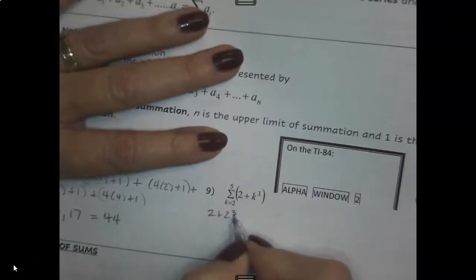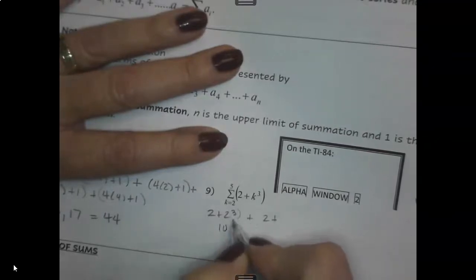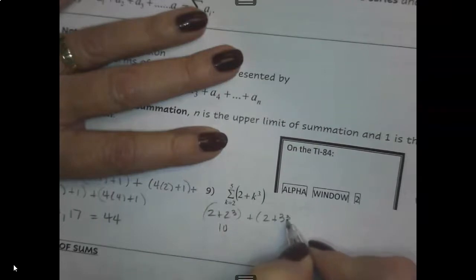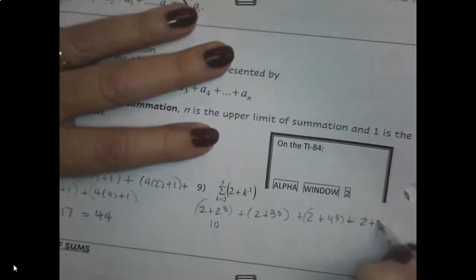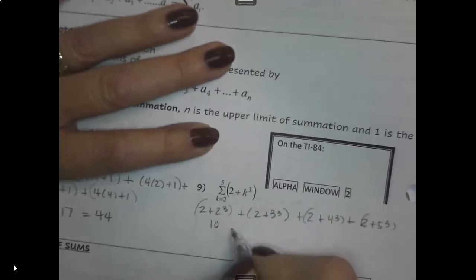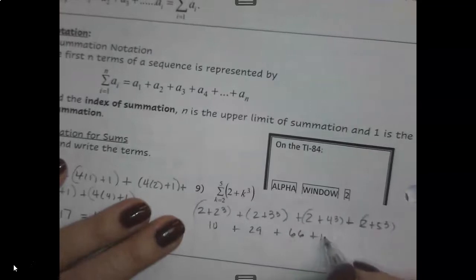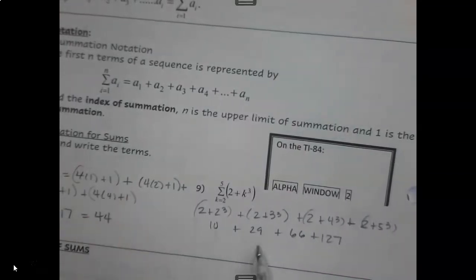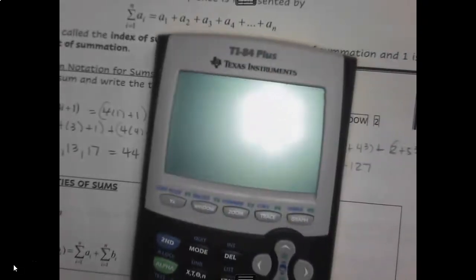But when we put in our terms, so 2 plus 2 cubed, that's going to give me 10, plus 2 plus 3 cubed, plus 2 plus 4 cubed, so I get 10 plus 29 plus 66 plus 127. Now add that up, but you can also use your calculator.